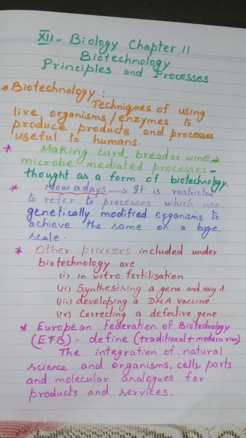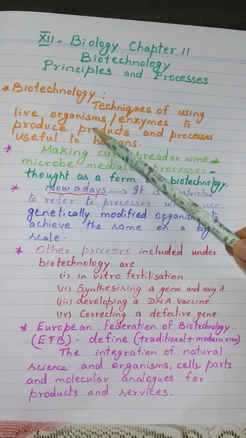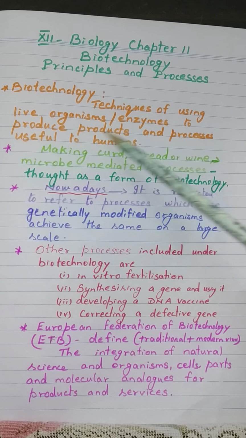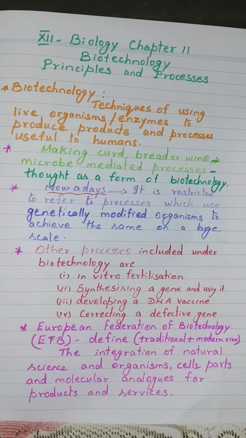What is biotechnology? It's a technique of using living organisms or enzymes to produce products and processes useful to human beings. Even making curd, bread or wine was once considered a form of biotechnology.